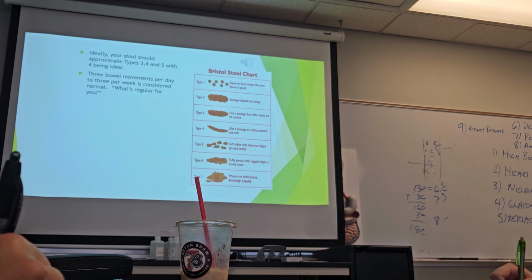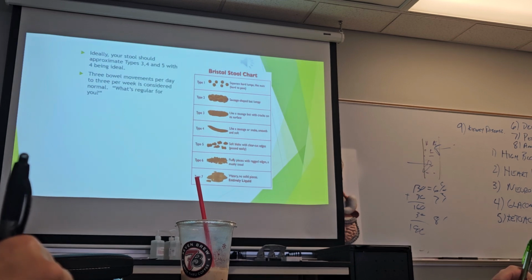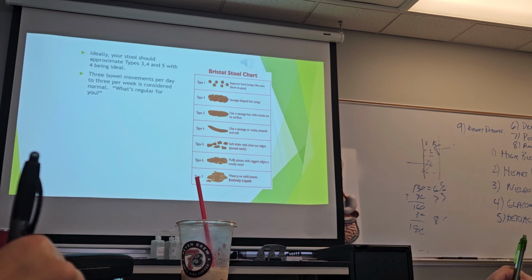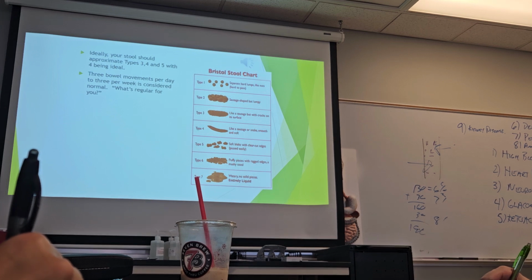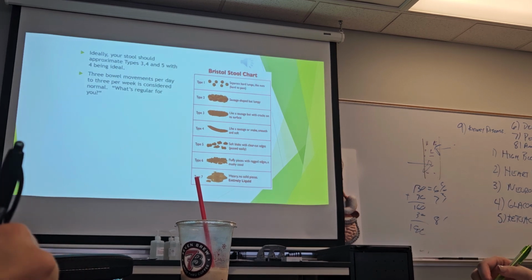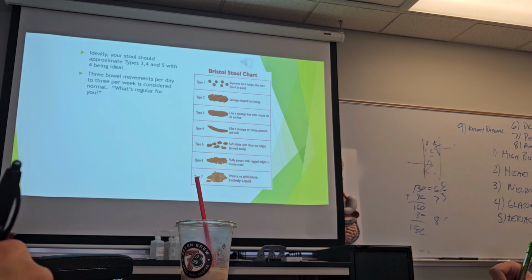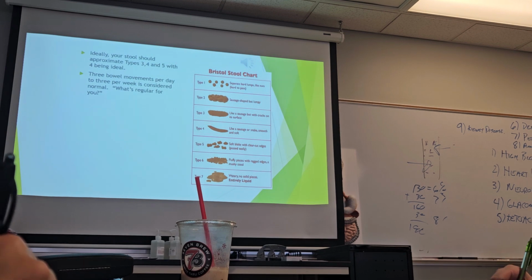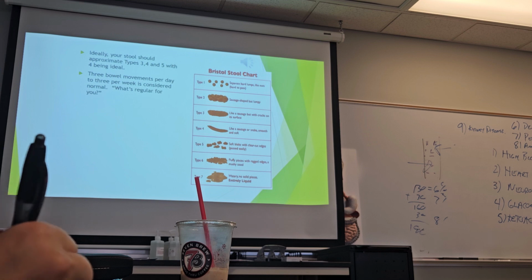Segmentation is back and forth movement in the small intestine only. So peristalsis is any forward movement due to a wave-like motion of your muscles pushing the food down through the alimentary canal. Segmentation is back and forth movement.